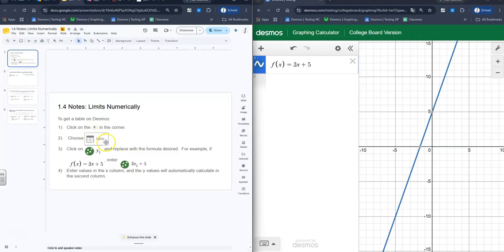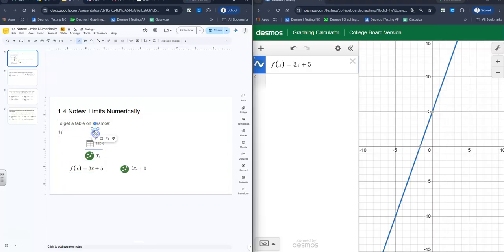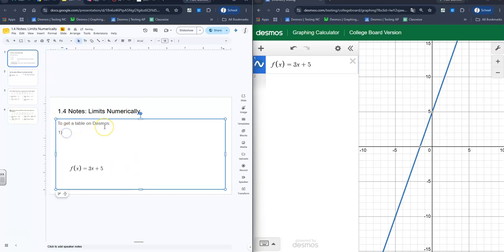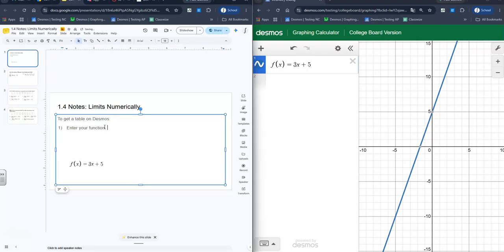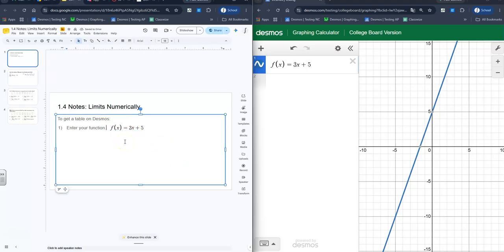Okay. Actually, what we want to do is, number 1, you can just write, enter your function. And we'll say we're going to use f of x equals 3x plus 5. And so if you just want to write this over to the side. What is there works. It's just not the easiest way.